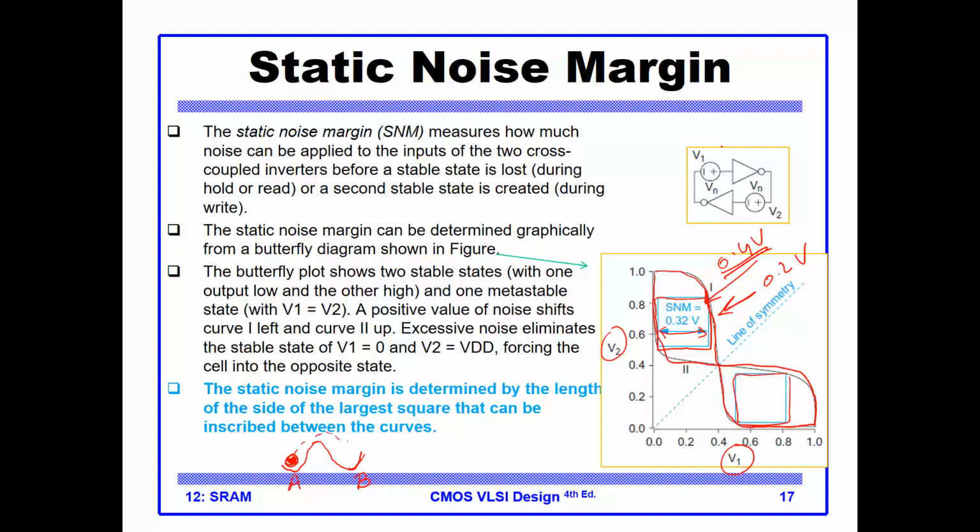And even if I move the ball over here, it will be in a stable position. But if I place the ball here, it's not stable. Any noise will flip it to either this side or this side.